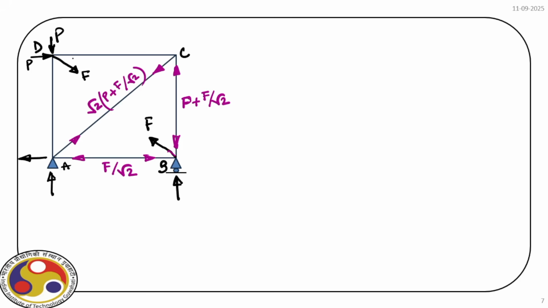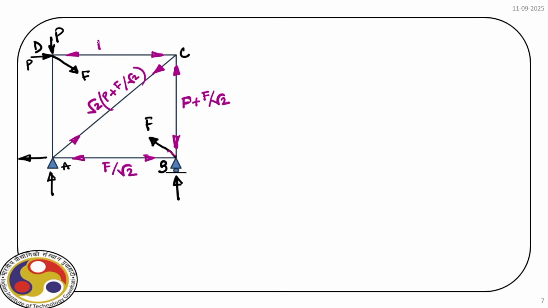Then if you come to member CD, we can easily identify the direction of the member force. If you resolve this member force in the horizontal direction, you can actually identify the direction of the member force BC.